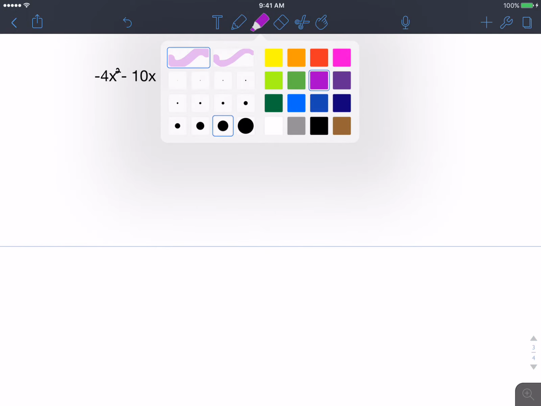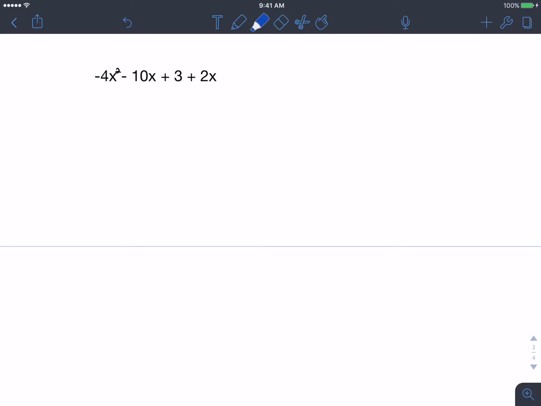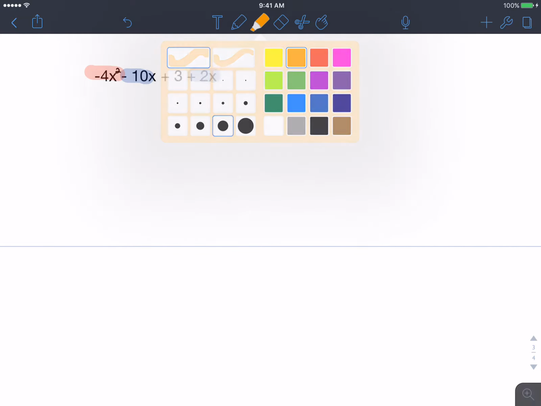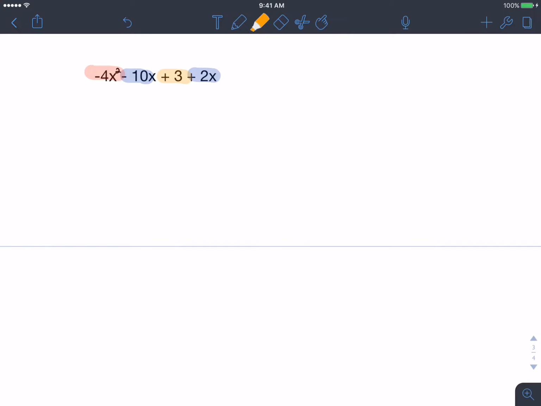I'm going to start and find my terms with like letters. Then the ones with the same exponents. And then my numbers without letters.